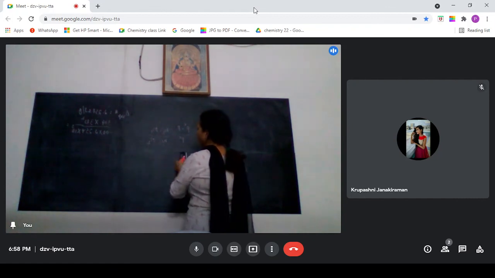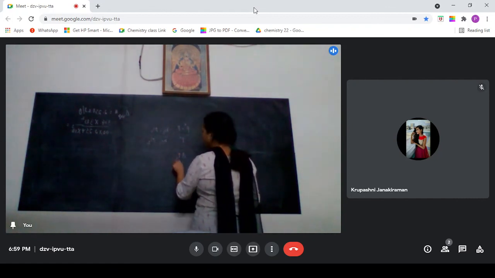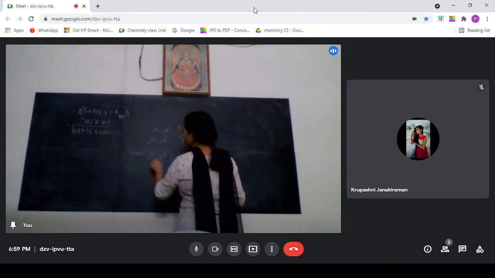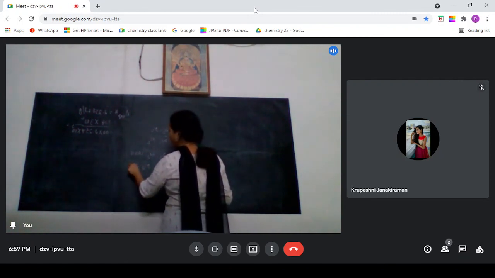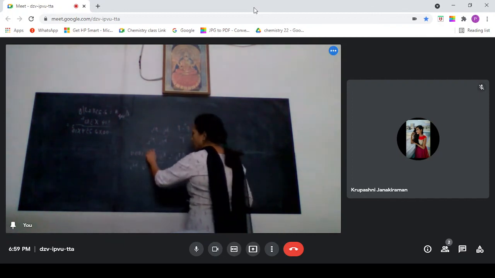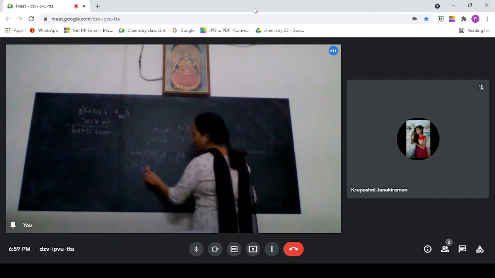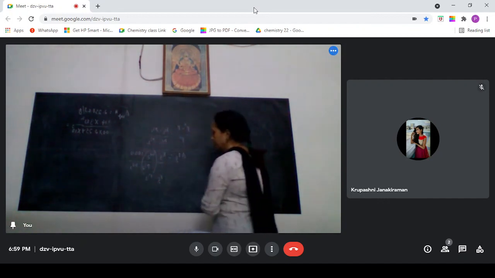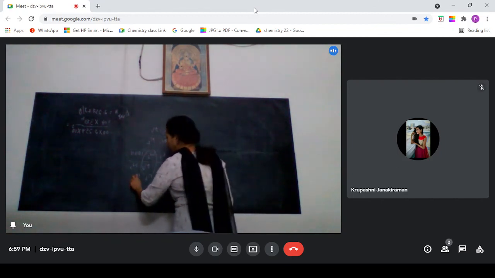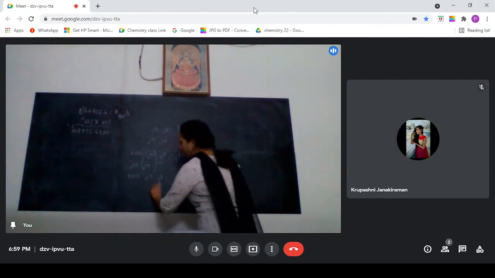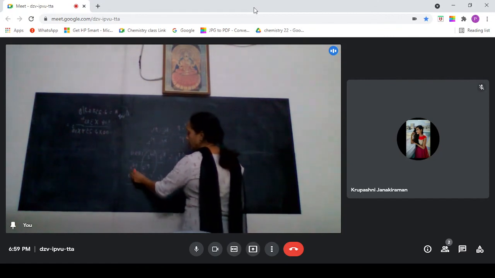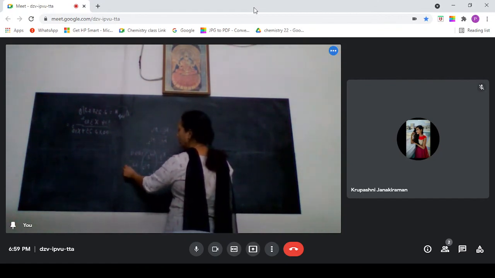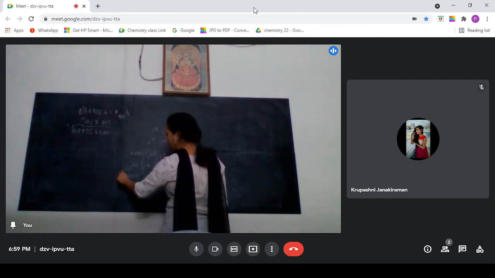Now what you can do is delta TF is equal to Kf into W2 into 1000 by M2 into W1. This is the formula. So you can take W2 by M2 as N2, into 1000, by, you will have to get N1 here. To get N1, W1 by M1 will be N1.